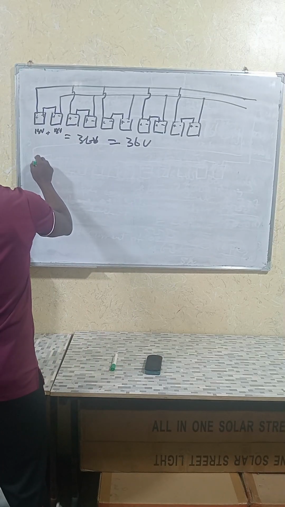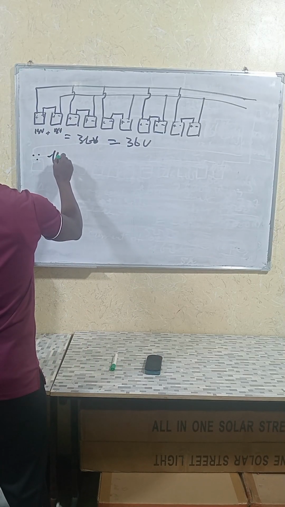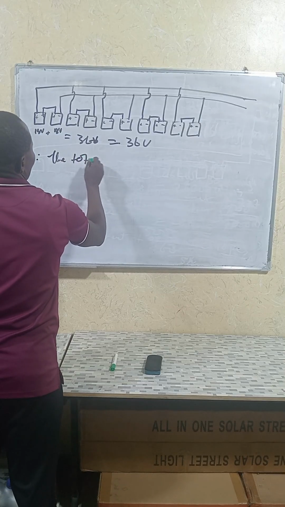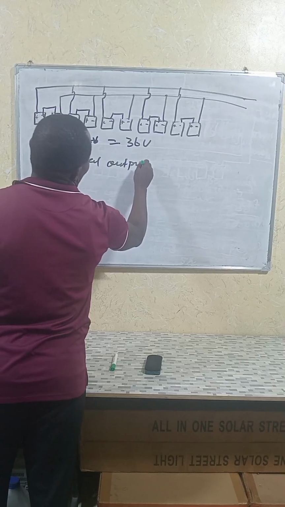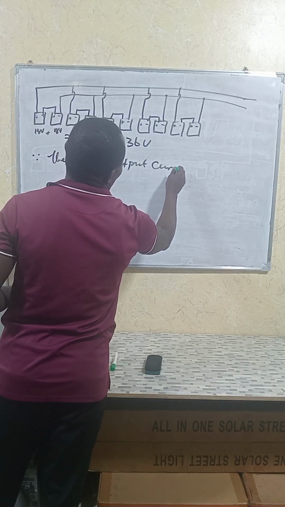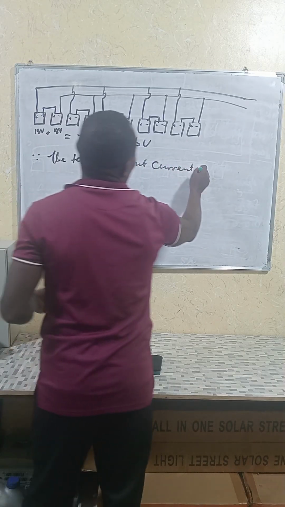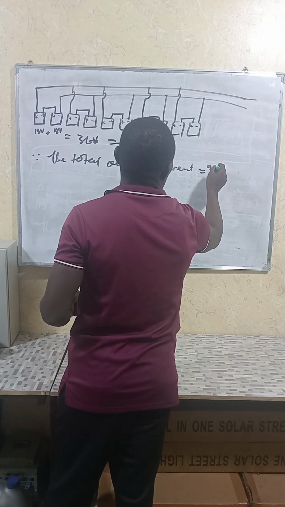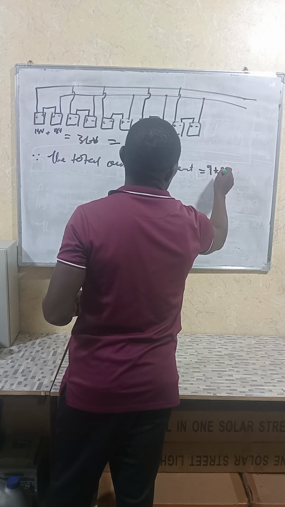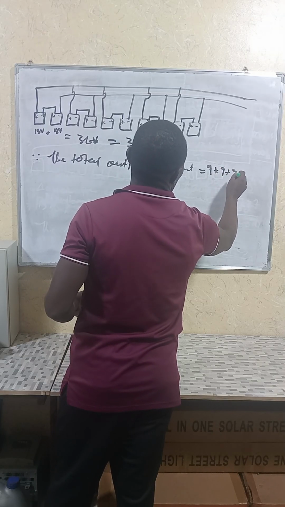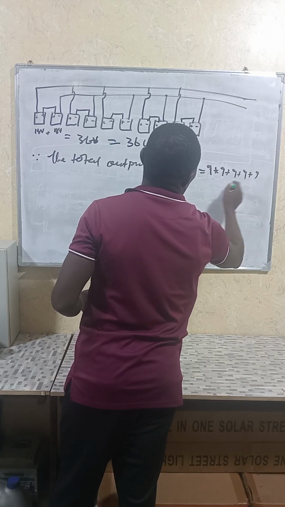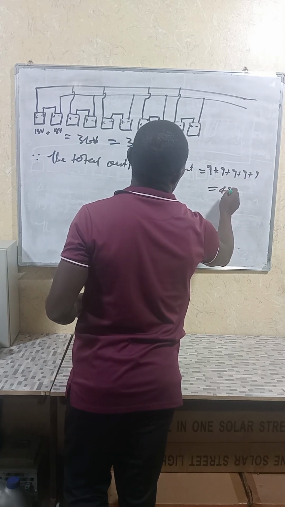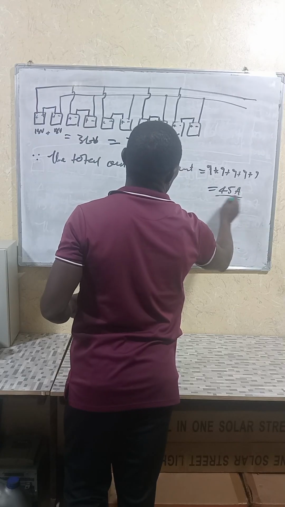Therefore, the total output current is equal to 9 plus 9 plus 9 plus 9 plus 9, which is equal to 45 amps.